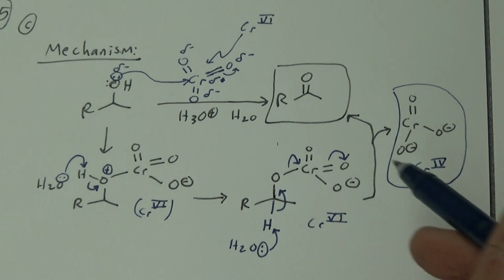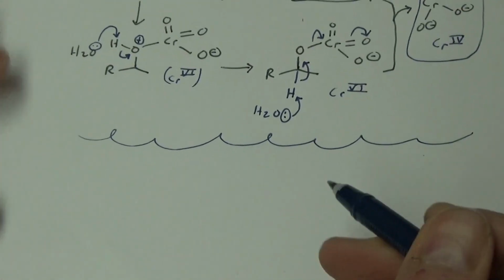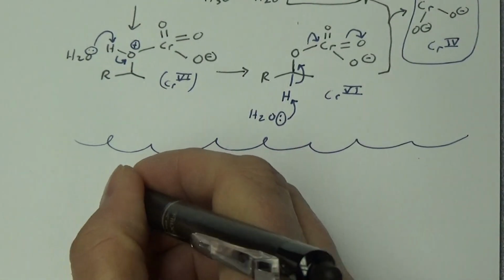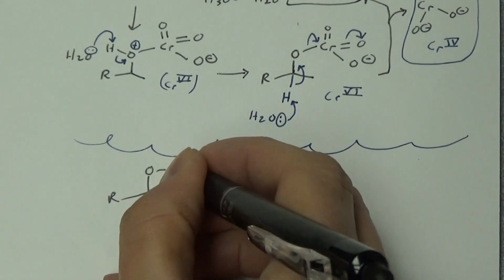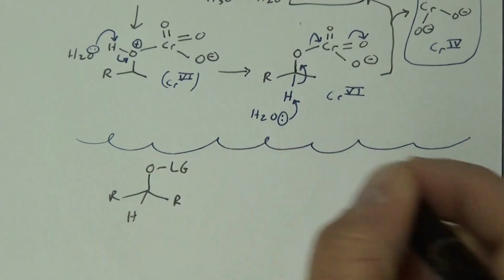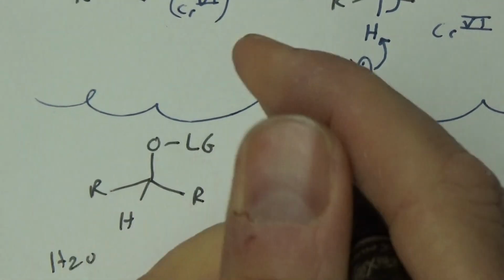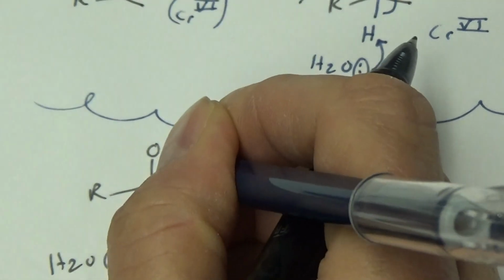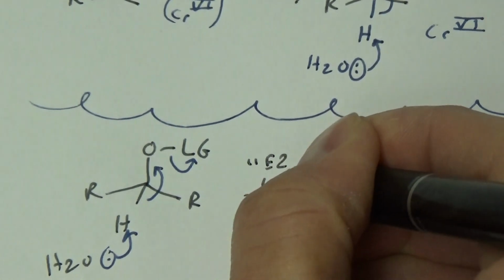One other thing about this, you can kind of think about it as almost like we have oxygen with a leaving group. It's kind of almost like an E2 reaction, right, where the water takes the proton, makes a double bond, kicks off the leaving group, E2-like.